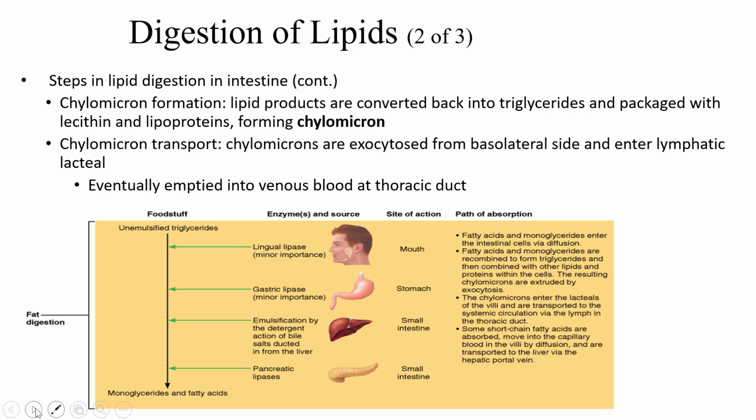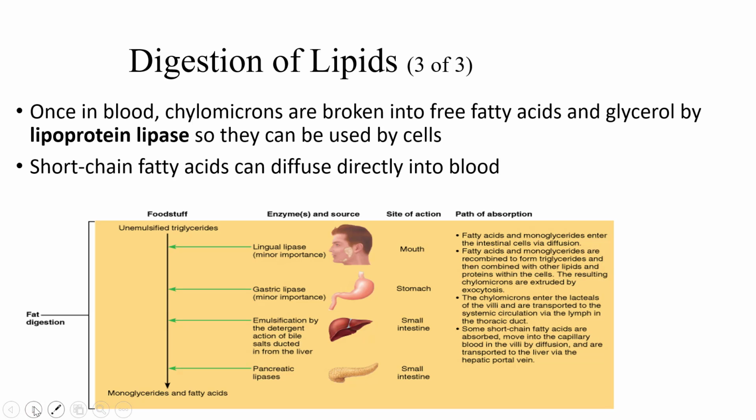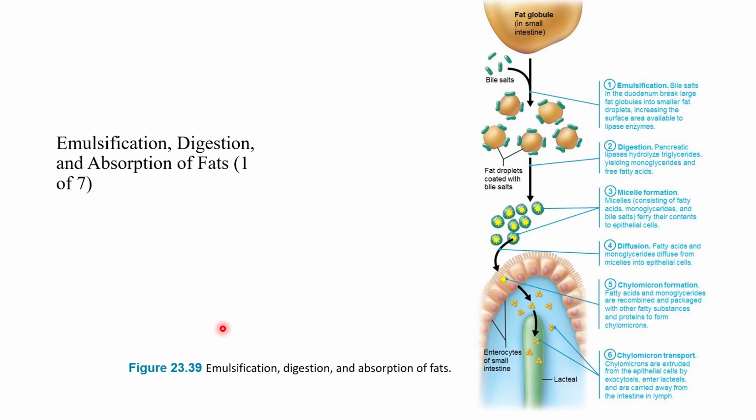Because the lacteal is actually a lymphatic duct, together with the lymph it is going to be emptied back into the venous blood via the thoracic duct, emptying into the left subclavian vein. Okay? So, here you go, guys.